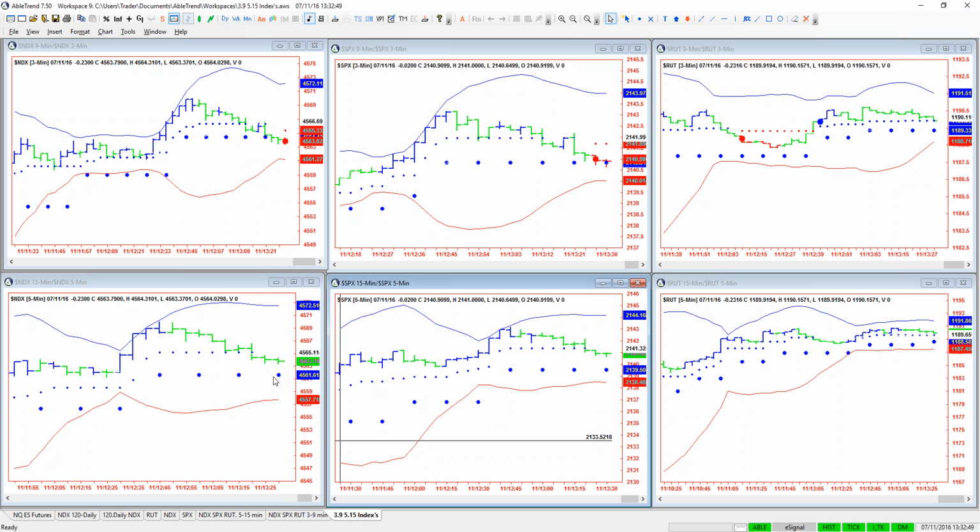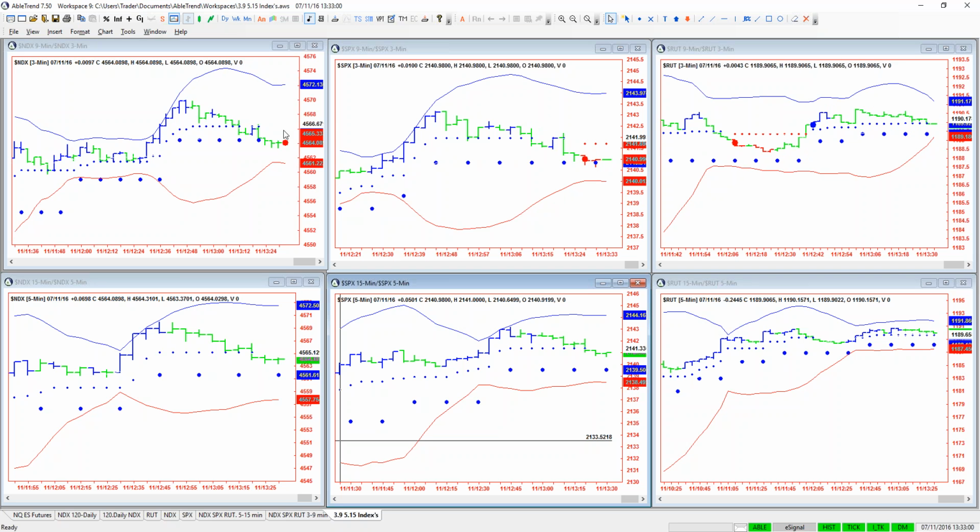So 45.61, the index is trading at 45.63. So what that's telling us is, although the sell signal just went away, although that sell signal has now reappeared, we want to be a little careful if we want to be conservative traders.